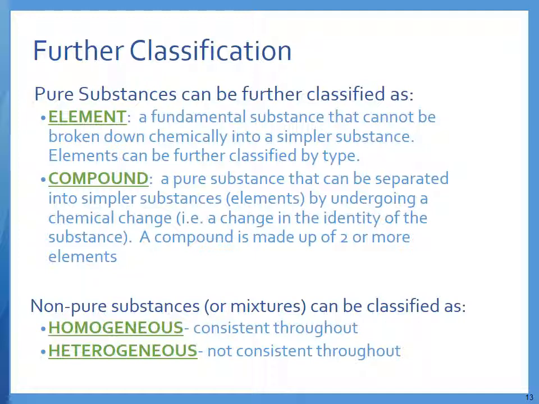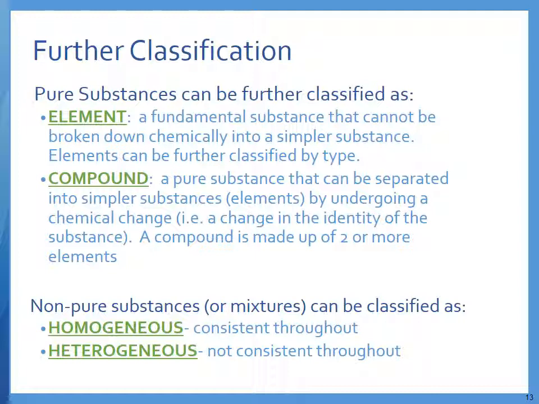So a compound now is a pure substance that can be separated into simpler substances by undergoing a chemical change. So for example, water is a compound. Water is made up of hydrogen and oxygen, with the formula H2O. You can't pull the oxygen and hydrogen apart from each other physically, but you can pull them apart chemically.